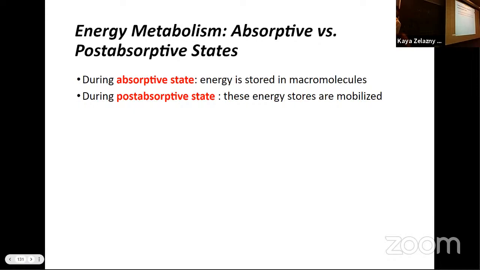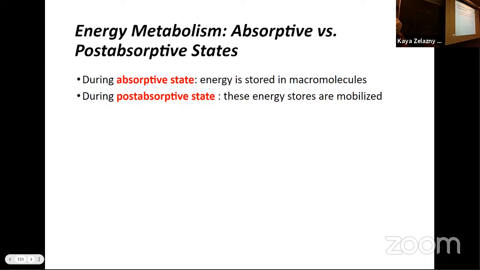So during our absorptive state, when you're absorbing things from the food you've eaten, you're going to be storing that energy in macromolecules. They're going to be sucking up glucose and various nutrients from your food, and you're going to store it because you don't really need a lot of energy as you're eating or right after you eat, right? In fact, sometimes you get a little bit of a food coma, right?